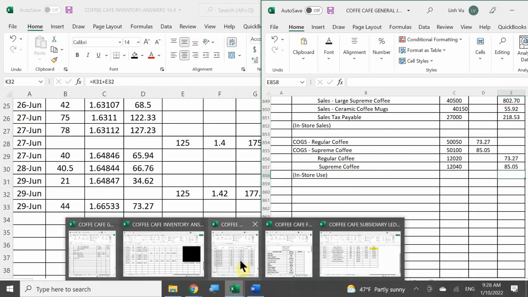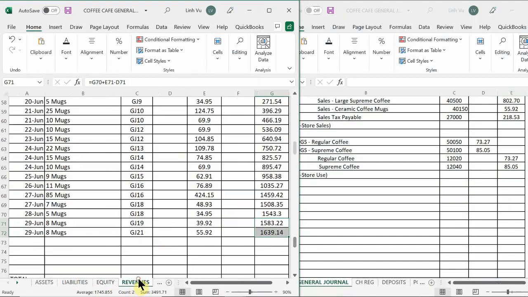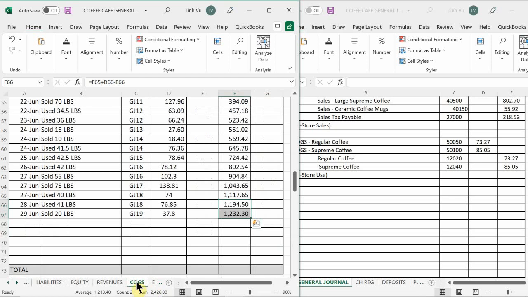Last but not least, let us update our ledger. Cost of goods sold.